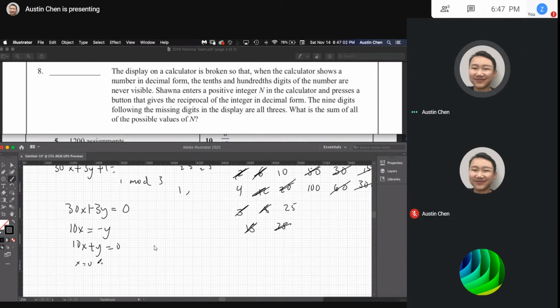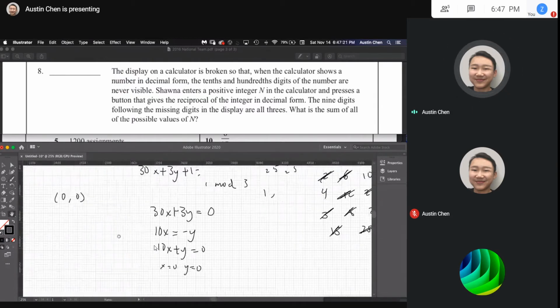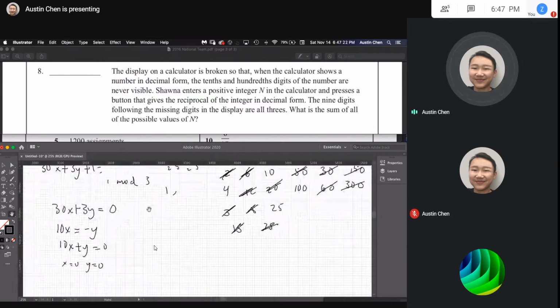And that's actually the case. Never mind. x and y both have to be non-negative integers, right? So if they're greater than 0, then you can't have anything to bring that down. So the only case that works here is when they're both 0. So we can list our cases that work there: 0, 0.